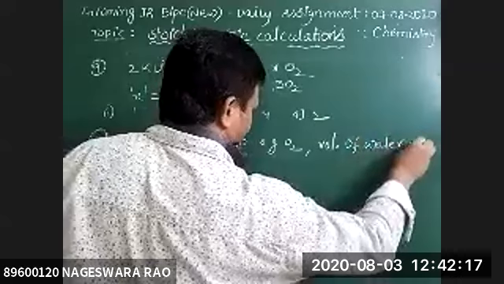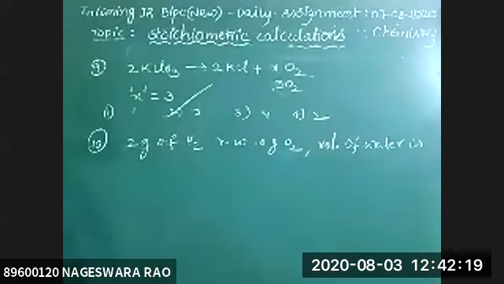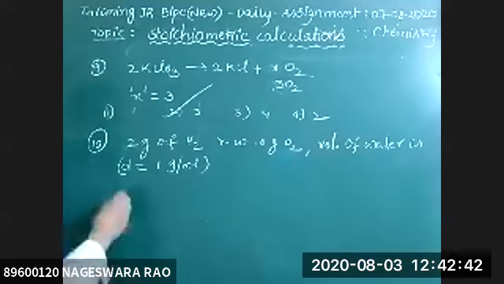If 2 grams of hydrogen react with 16 grams of oxygen to produce water, what is the volume of water? The density of water is 1 gram per ml.